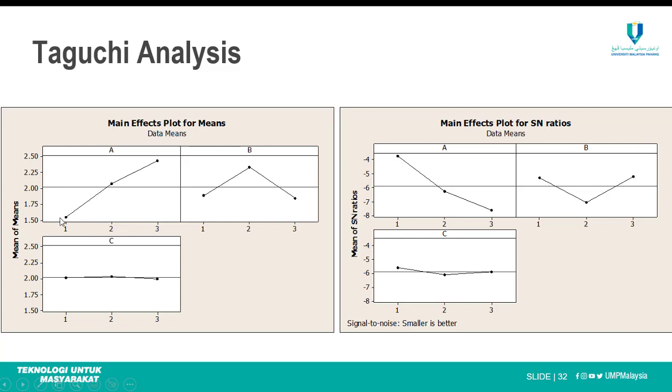So based on the observation from this graph, we can say that the optimum level for parameter A is level 1. For parameter B, it is roughly the same between level 1 and 3, so maybe we need to look in detail later. And for C it is also roughly the same, but we can see that level 3 is slightly better compared to level 1 and level 2.